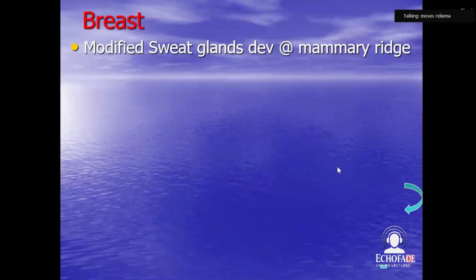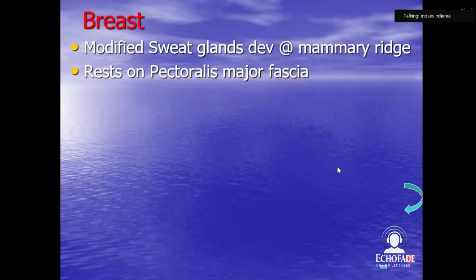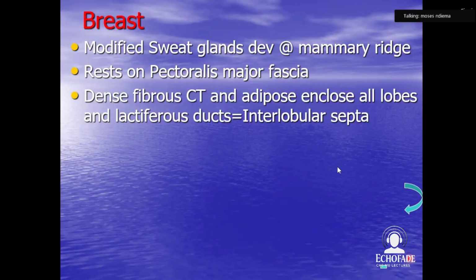The initial part of the invagination will form the lactiferous duct. Then the cells around that area will grow and form the nipple.